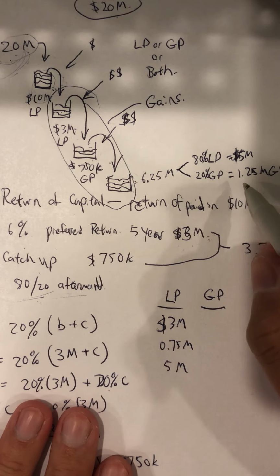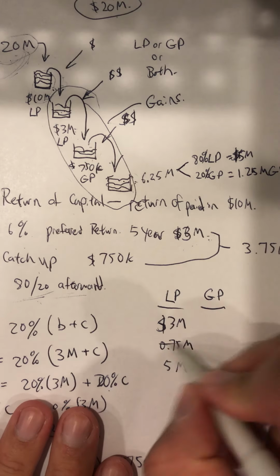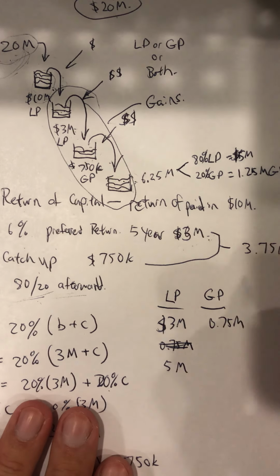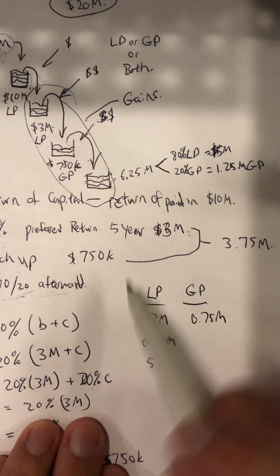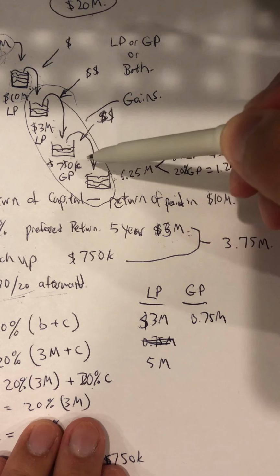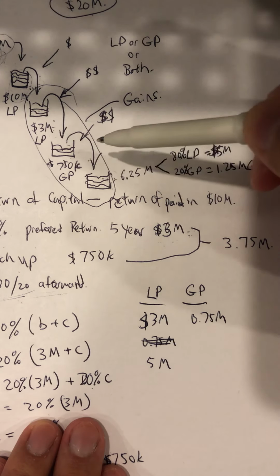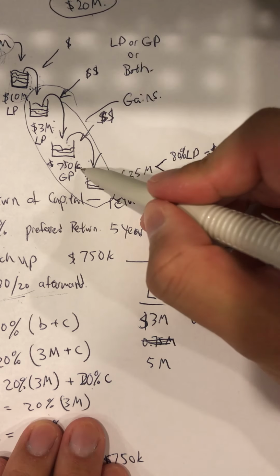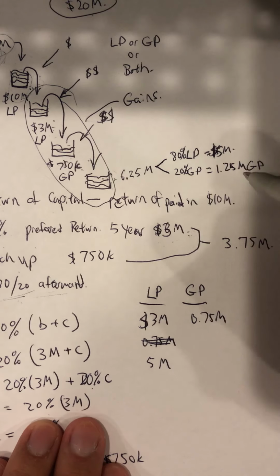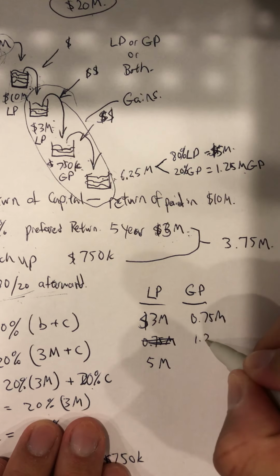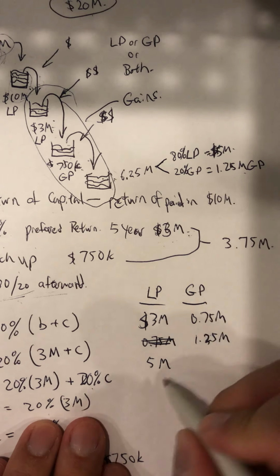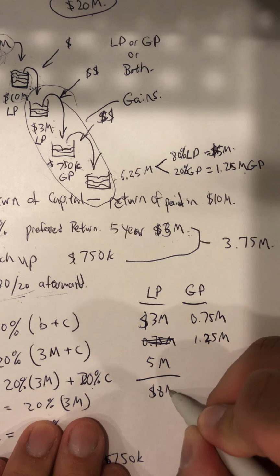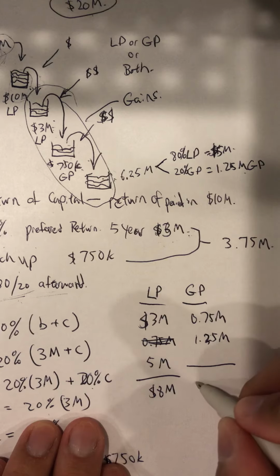And the GP, sorry, this 0.75 million is GP. So LP's got 3 million here, and then 5 million here, and GP's got 0.75 million here, and 1.25 million here, right? So LP's got a total of $8 million, and GP's got a total of $2 million.